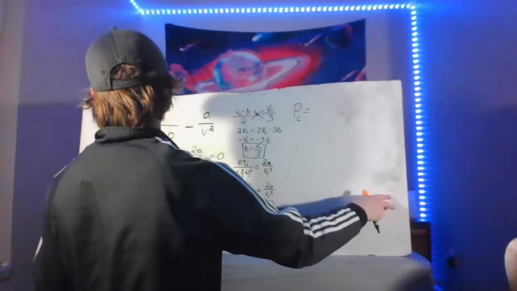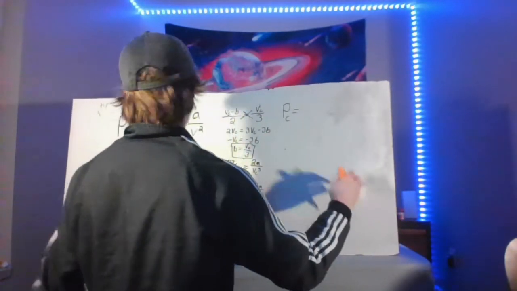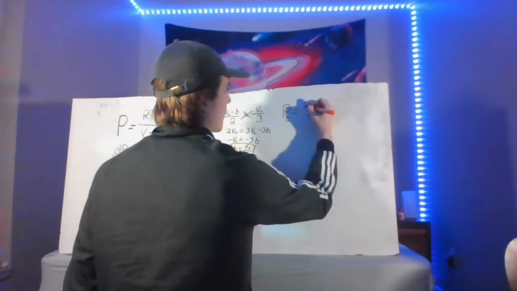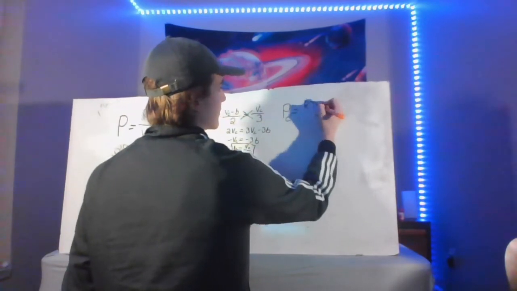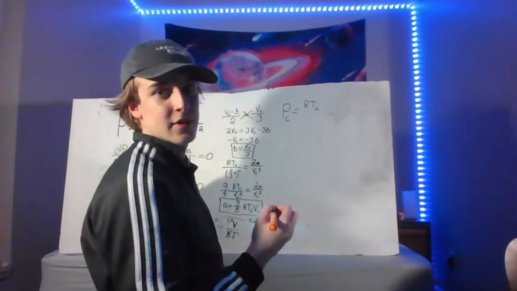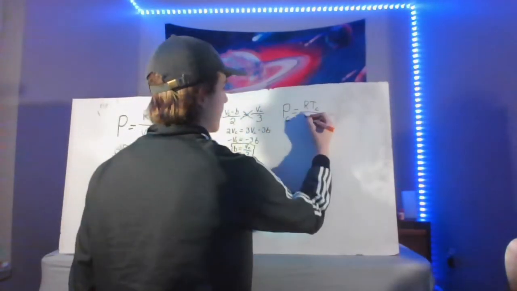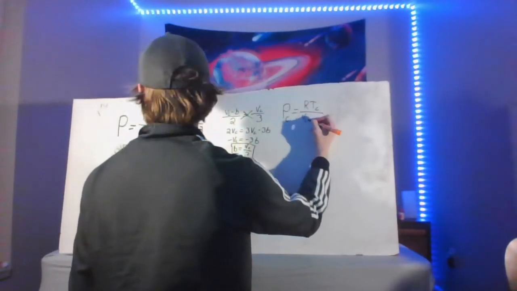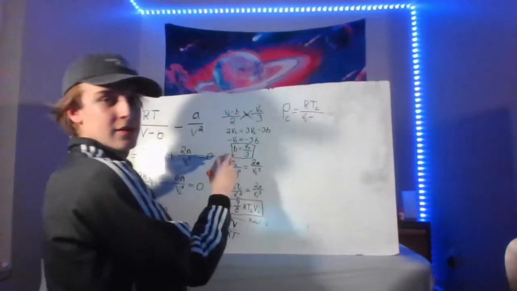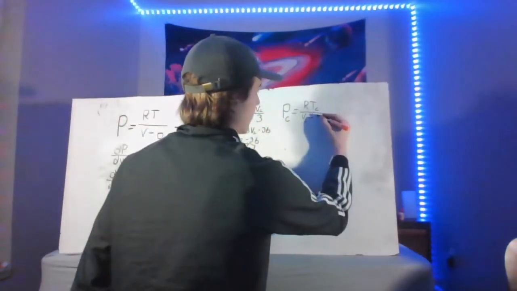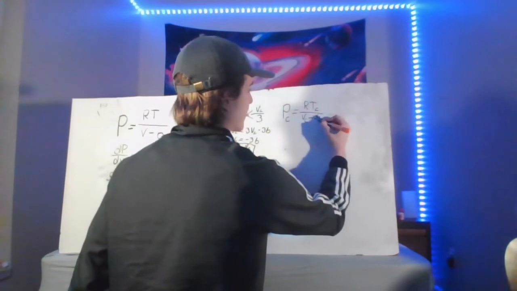So the critical pressure equals R times the critical temperature over the critical volume minus b, which is the critical volume over 3.